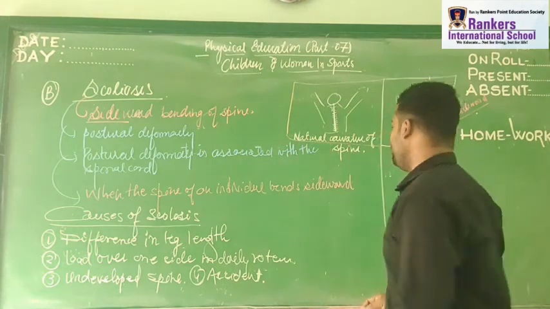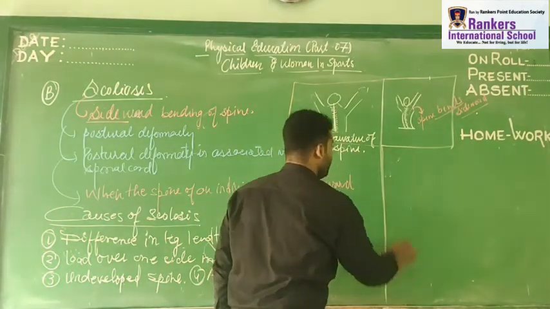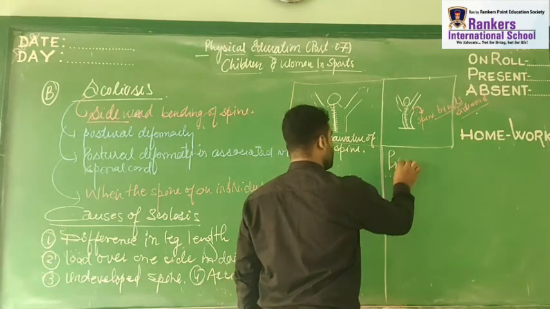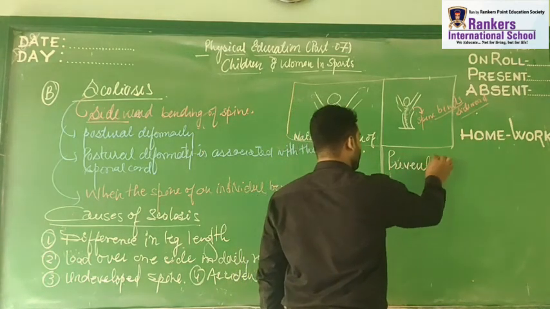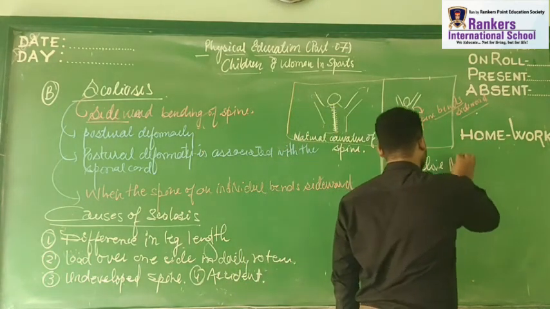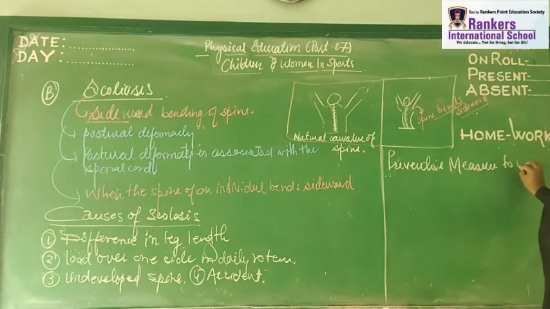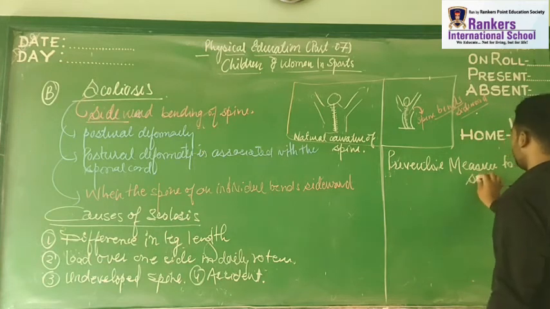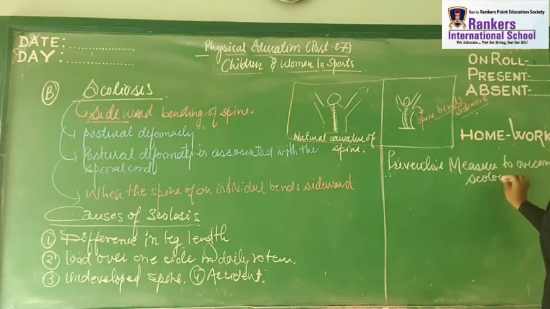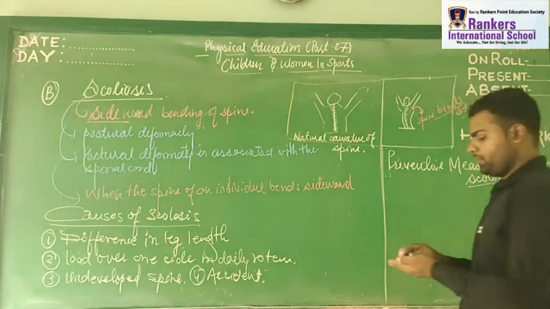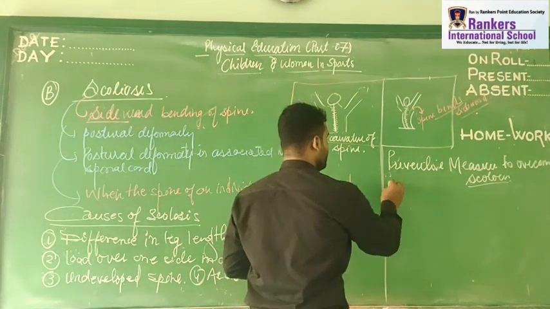So let's write the names of the exercises. Preventive measures to overcome scoliosis. First is Ardha Chakrasana.